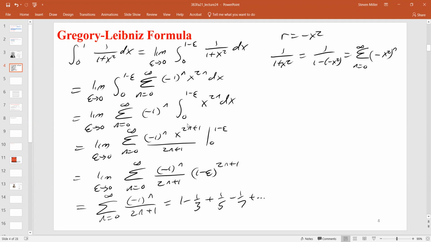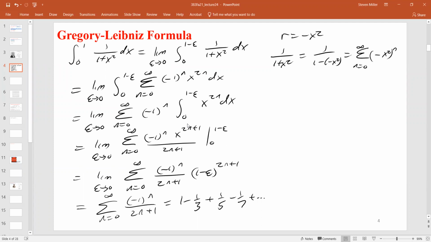If you look at 1/5 minus 1/7, this is 2 over 35. 2 over 35 is really just 2 over 6 squared. When you look at 1/9 minus 1/11, that's really 2 over approximately 11 squared. So if you look at every two terms, it's essentially 2 over n squared, and that sum will converge. So with a little bit of work, which I encourage you to do, you can justify all this.